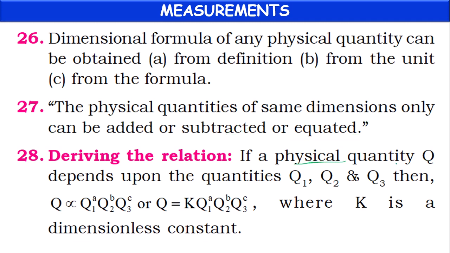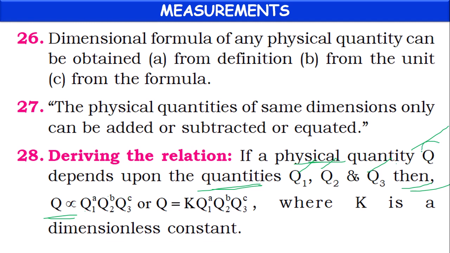So if a physical quantity Q depends on Q1, Q2, Q3, then Q is proportional to Q1 to the power a, Q2 to the power b, Q3 to the power c.